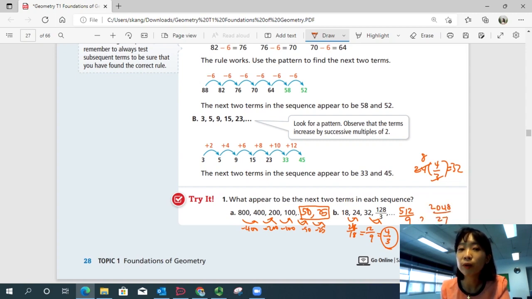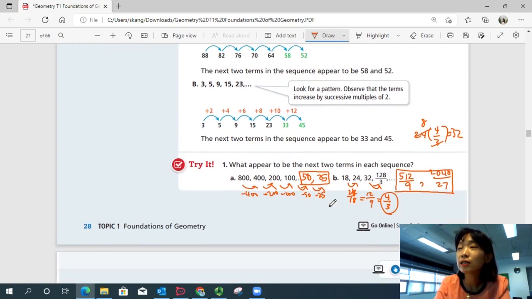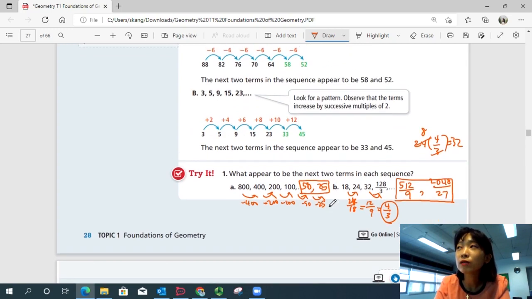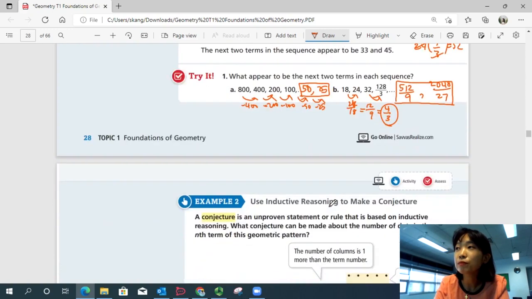You just need to multiply the common ratio. Yeah, so a lot of times it'd be easier if you find the common ratio or the common difference. But the big idea is that you use reasoning to figure out the pattern and make predictions.